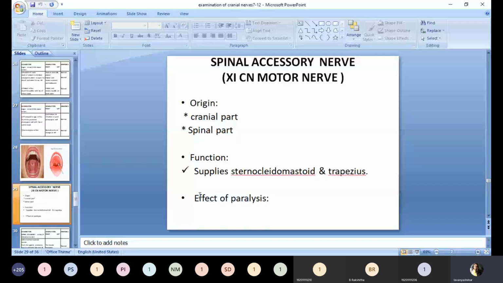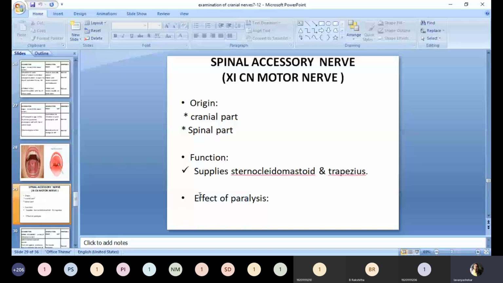The fibers of this cranial part are distributed with the motor branches of the vagus nerve to the larynx as well as the pharynx. Whereas the spinal part originates from the spinal nucleus lateral to the anterior gray column of the spinal cord, extending up to the 5th cervical segment.